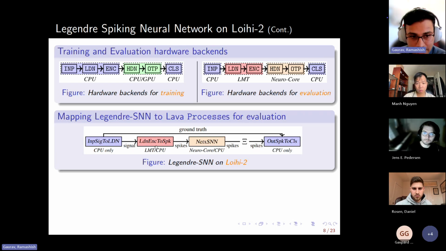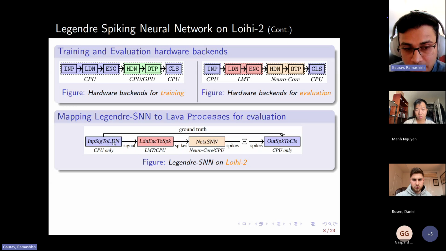You have your input signal to LDN process, a Lava process responsible for implementing the input layer. The LDN encoding to spike Lava process is responsible for implementing the LDN and the encoding layers. The NetX-SNN process is simply the trained hidden and output layers. And the output spike to class process is the classification process.